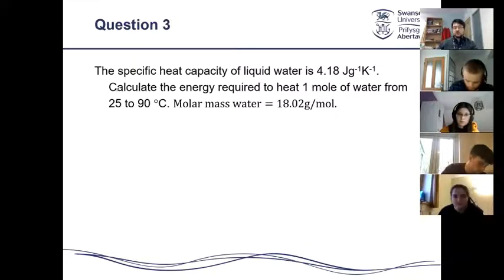And the question wishes you to calculate the energy required to heat 1 mole of water from 25 to 90 degrees Celsius. The other bit of information we are given is that the molar mass of water is equal to 18.02 grams per mole.